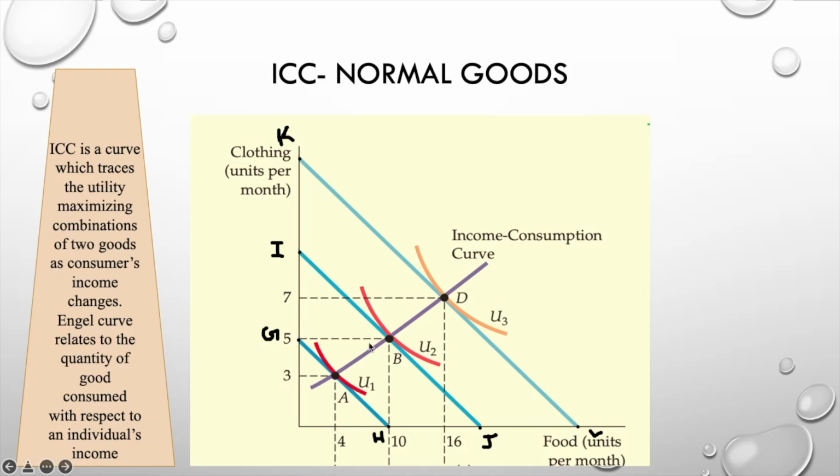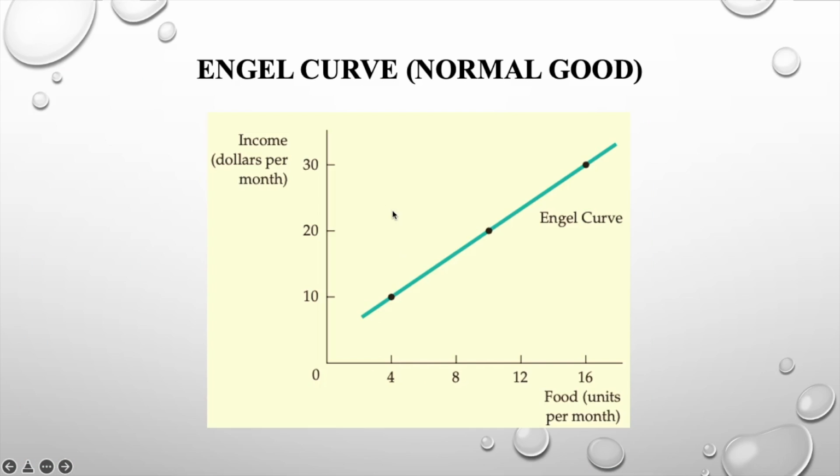When his income increases to $20, he moves to point B and the quantity of food consumed is 10 units. If his income further rises to $30, he moves to point D and consumes 16 units of food. So, if we construct an Engel curve relating the quantity of food consumed to the income of the consumer, we will get an upward sloping curve.